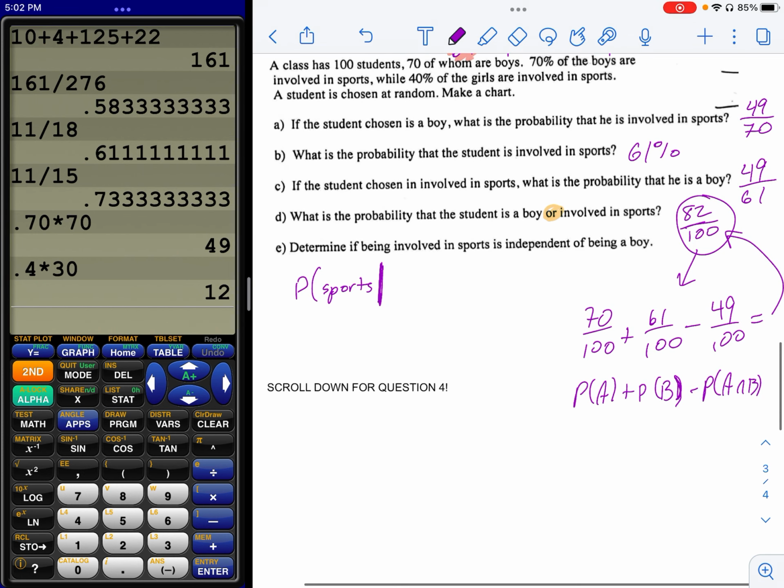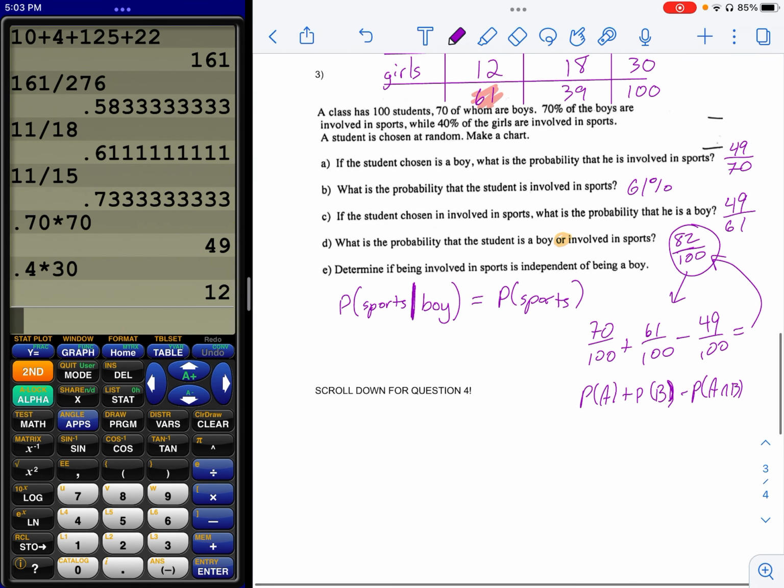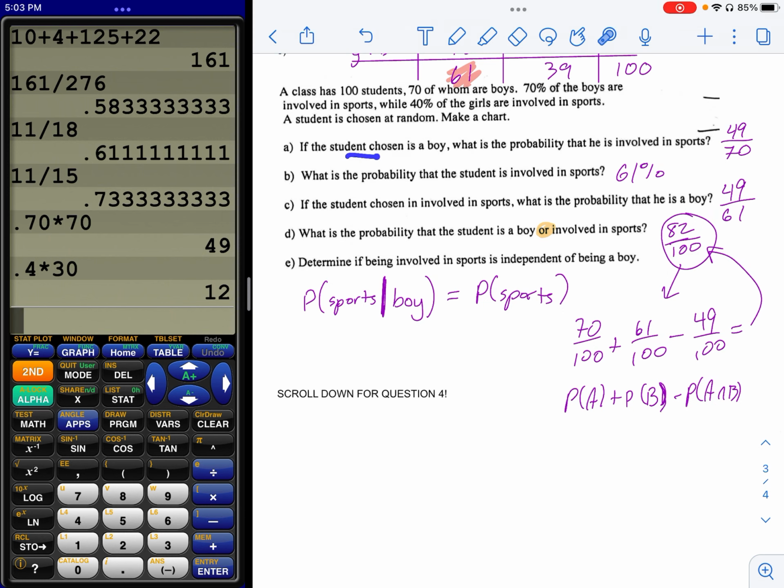So the probability of sports given a boy, if the probability of sports is not affected by this condition at all, then this will just equal the probability that the kid plays sports. And we already have these, I believe. If the student's a boy, what's the probability he's in sports? Right there, 49 out of 70. That's this side. Does that equal the probability that a kid plays sports? Oh, look, that's right here. That's 61%.